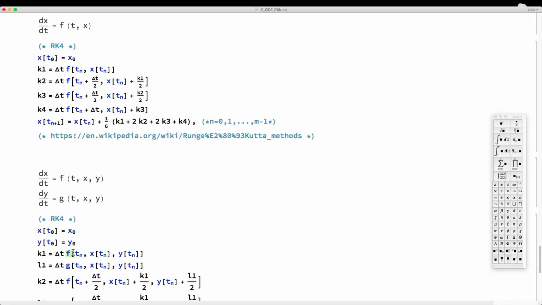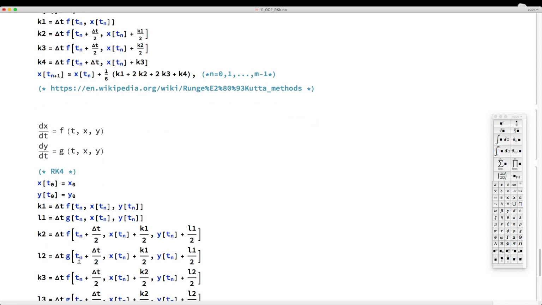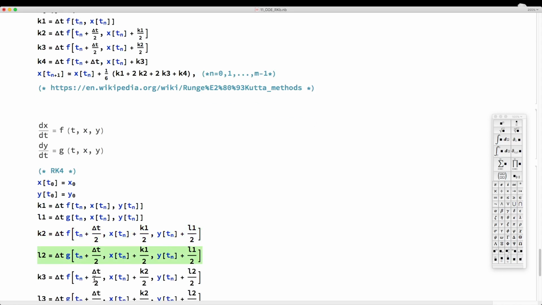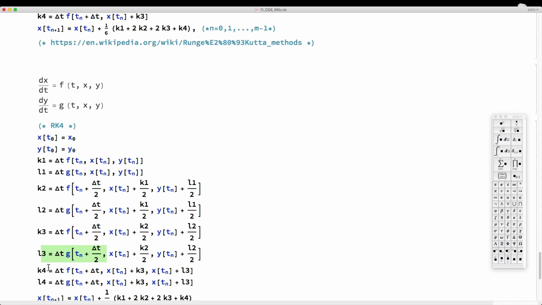It's only the function f and g changes to compute k1 and L1. So we simply double this line with another line that has k1 and L1. And then the other expressions simply get one more counterpart. So k2 gets another counterpart, L2, and k3 gets another counterpart, L3, k4 gets another counterpart, L4, and so on.